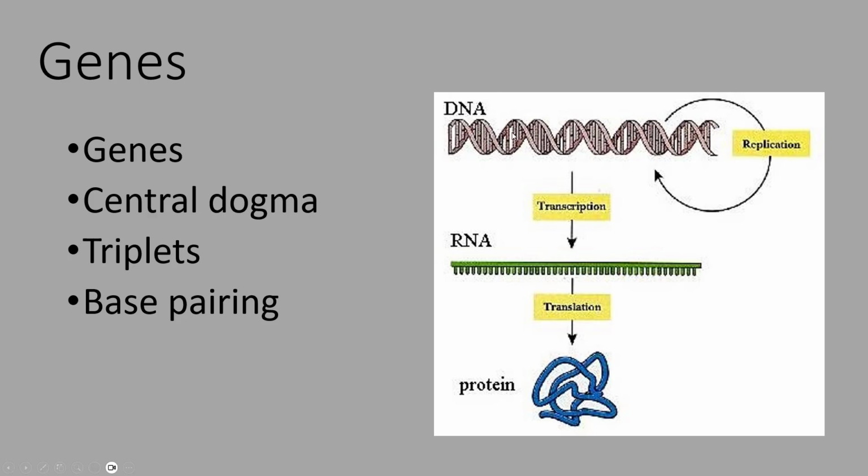What do we call 3 letters of DNA? A triplet. A triplet is 3 letters of DNA that code for 3 letters of RNA.